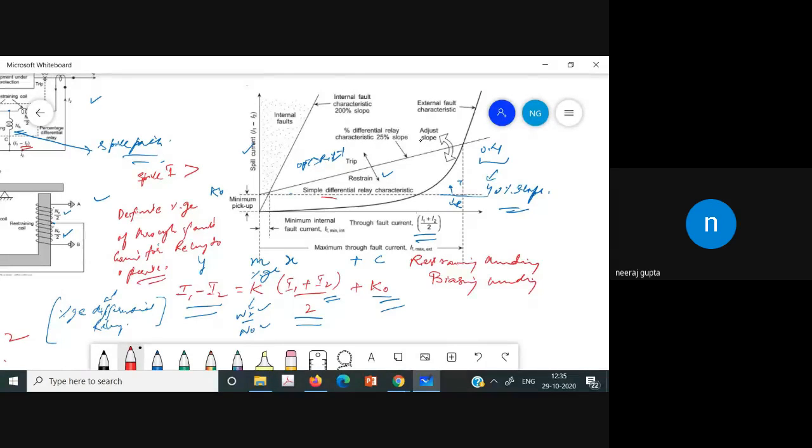It is also known as the biasing winding because we bias the relay towards the restraint.